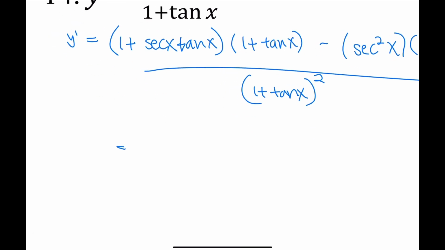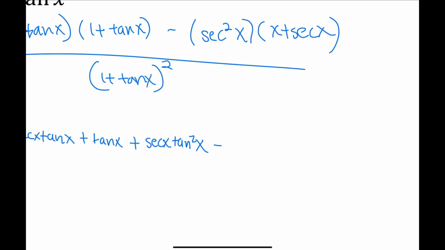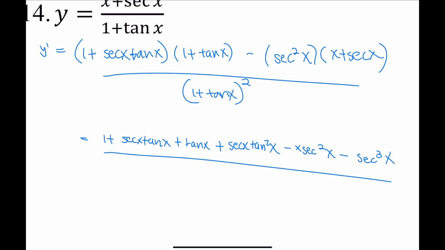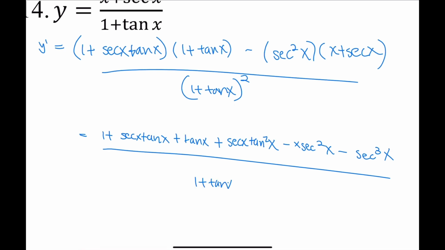I'm just going to distribute it for the sake of distributing it. 1 plus secant x tangent x plus tangent x plus secant x tangent squared x, and then minus secant x secant squared x, and then minus secant third x all over 1 plus tangent x to the power of 2.